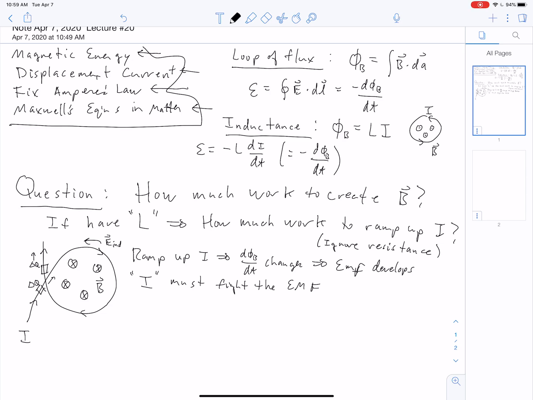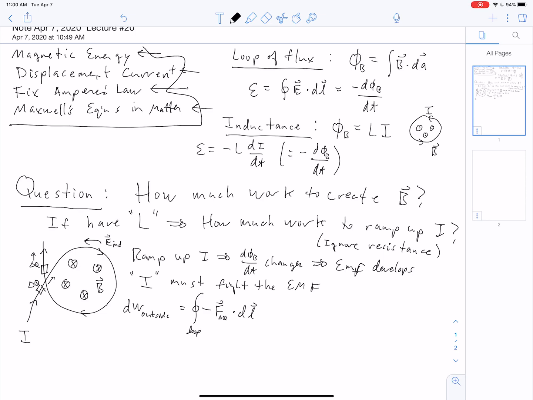And so what we can see then is that the work done by an outside force like PG&E that you have to pay for is going to be negative times the force on the charge times a little bit of distance. The charge has to go around the whole loop, so I have to do that integral around the whole current loop.